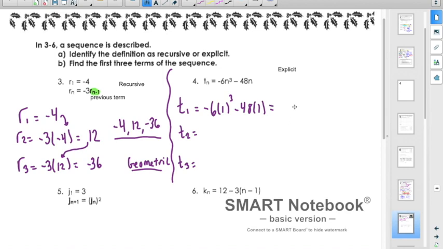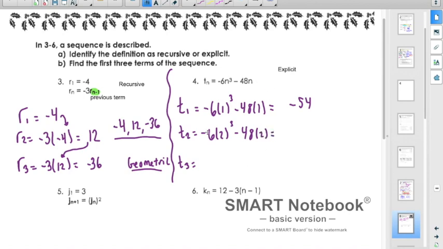Negative 6 times 1 cubed is just negative 6, and negative 6 minus 48 is negative 54. T sub 2, I'm going to do negative 6 times 2 cubed minus 48 times 2.